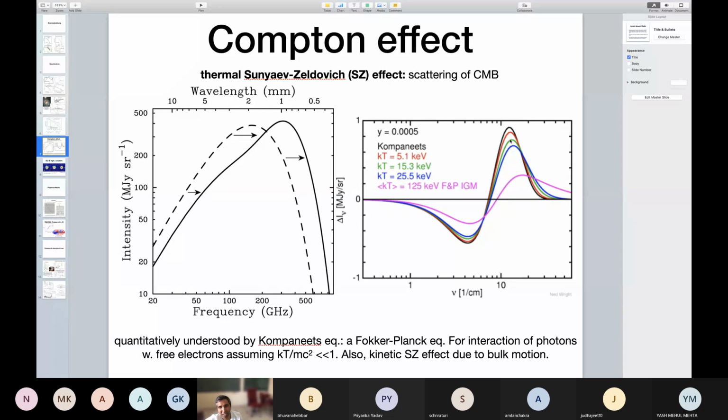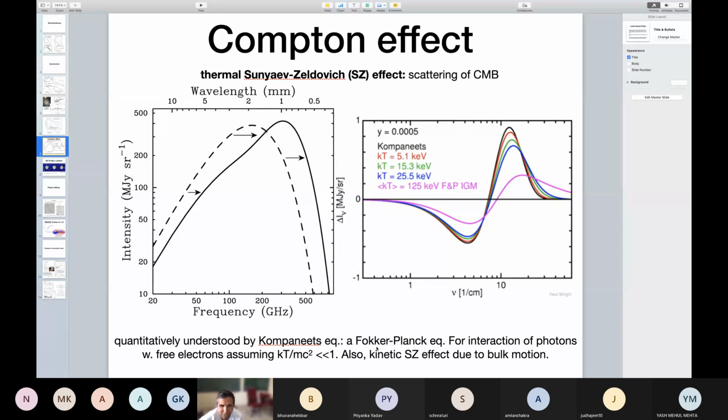So how the emergent spectrum is affected due to Compton scattering is governed by something called the Kompaneets equation. We'll not actually derive the Kompaneets equation here, but it is a Fokker-Planck equation.